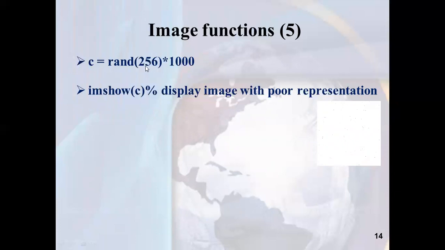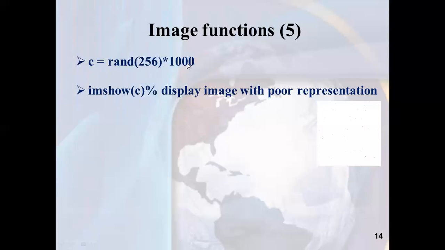So I create a squared matrix of dimension 256 as number of rows and columns. This is the matrix, and each element is between 0 and 1. So when I multiply by 1000, all the elements are now between 0 and 1000. So when I make imshow, the majority of values are greater than 255 because we multiplied by 1000.